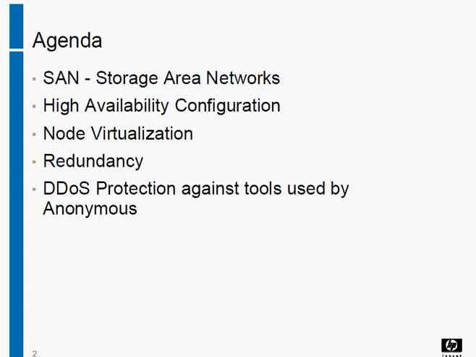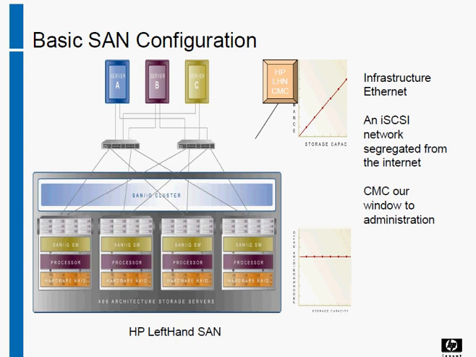And then we're going to see a little bit about the protection against tools used by Anonymous, tools such as the Low Orbit Ion Cannon and those that are based on the web. So let's start by understanding the basic SAN configuration.